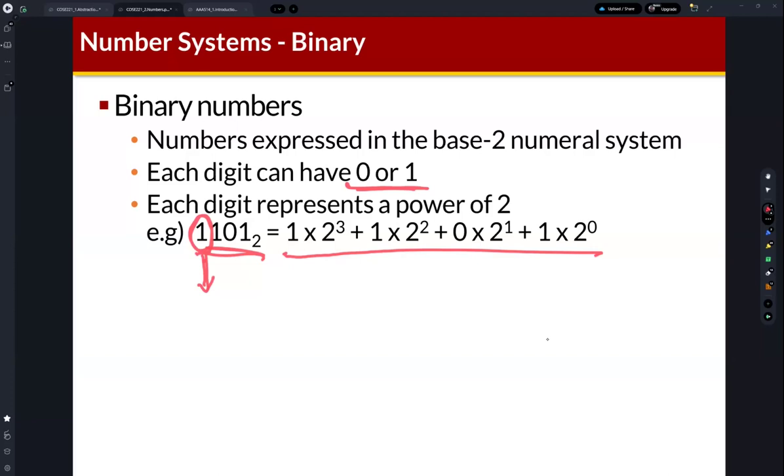With this digit, the number is 1, and the magnitude of this digit is 1 multiplied by 2, the base of a binary number system, to the power of 3. Because it's 0, 1, 2, 3. Power of 3. So it's the same, right?